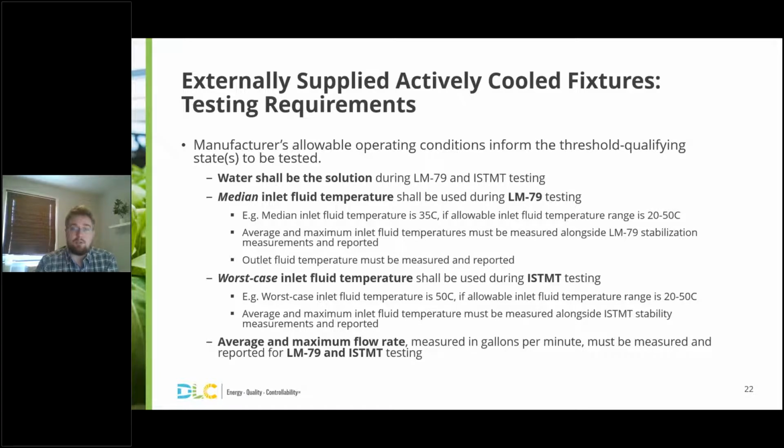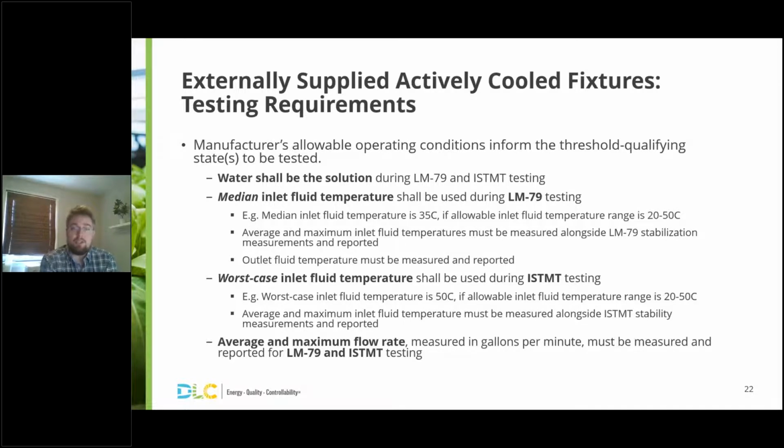It is also using the operating conditions that are previously mentioned. The median inlet fluid temperature shall be used during LM79 testing. So for example, if you have this 20 to 50 degrees Celsius inlet fluid temperature operating range, then the median inlet fluid temperature would be 35 degrees Celsius in this case.